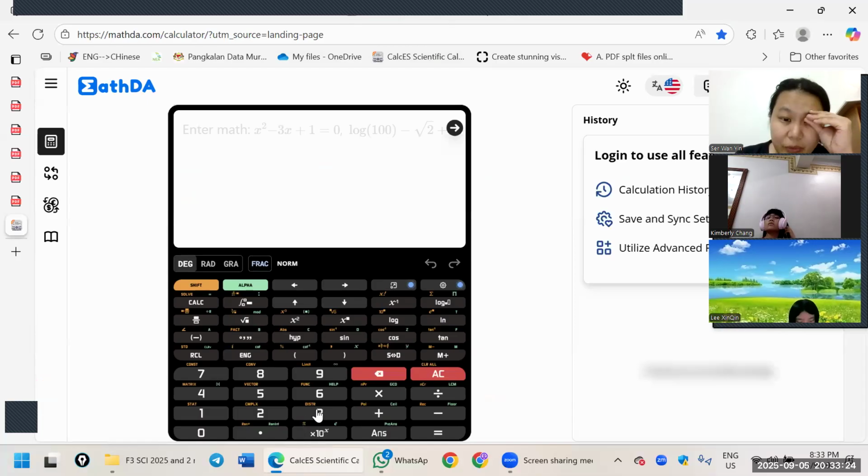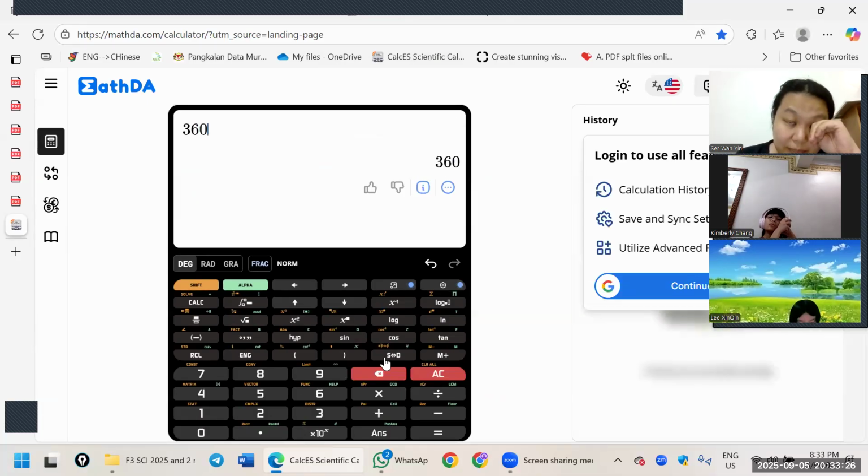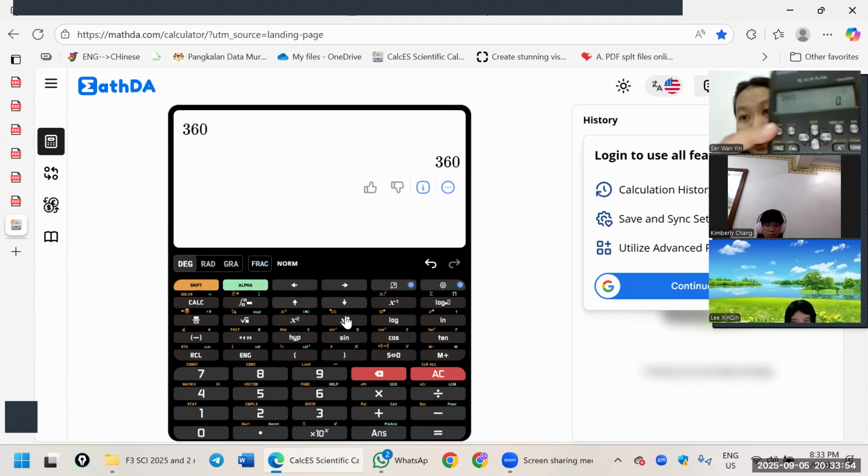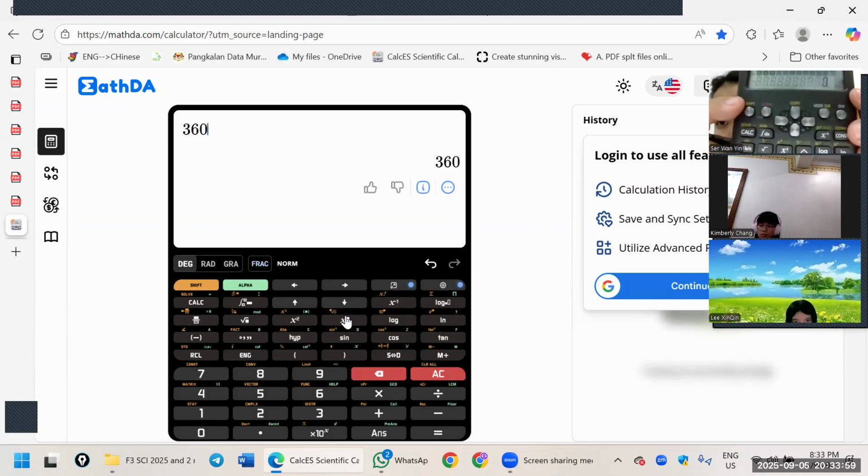Right, so first you press 360. Then you press, if you are using this calculator, then you press Shift Convert 19. Where 360. Right, you press here Shift Convert. Convert.